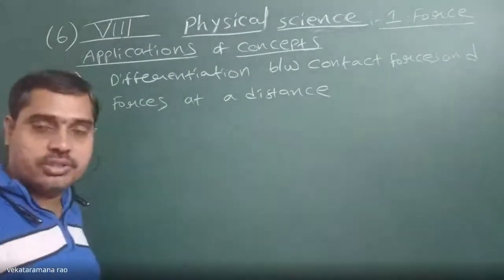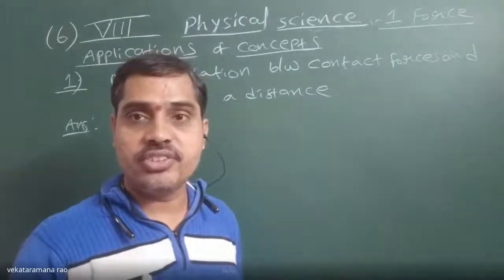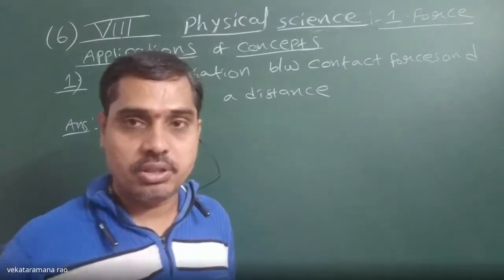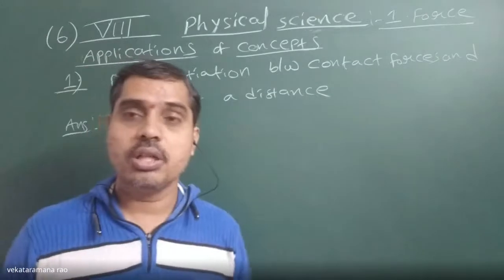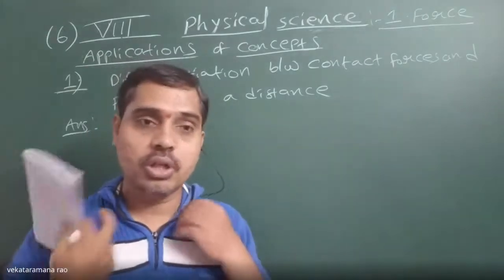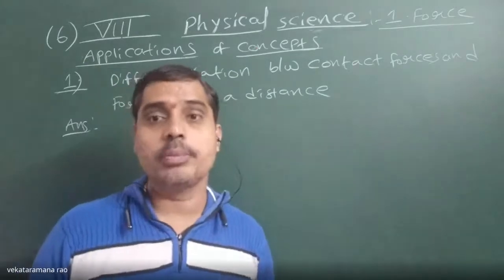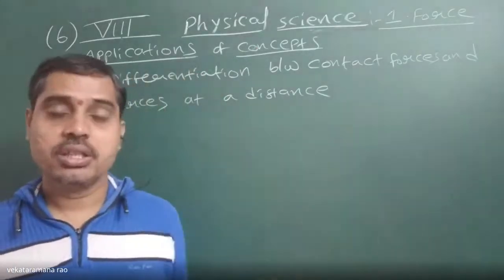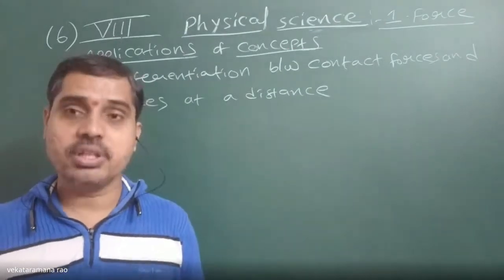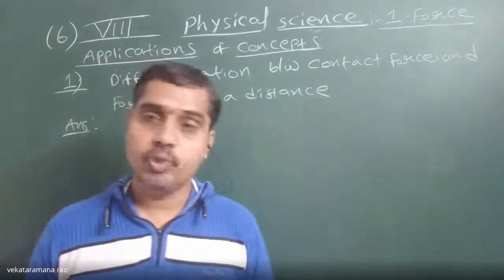Contact force is applied by direct physical contact to the object. Whereas forces at a distance are exerted on an object even though the object which is applying the force is not in contact with the object on which we are applying the force.